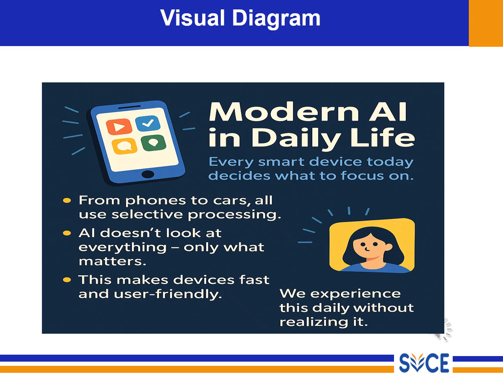Without attention mechanisms, AI would be slow and inefficient. Whenever you use a smart device, remember that behind the scenes, the AI is constantly deciding what deserves attention and what can be ignored. This is the foundation of many modern AI models, especially in deep learning.